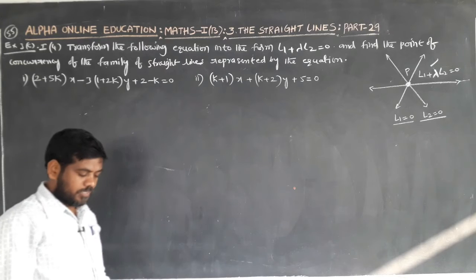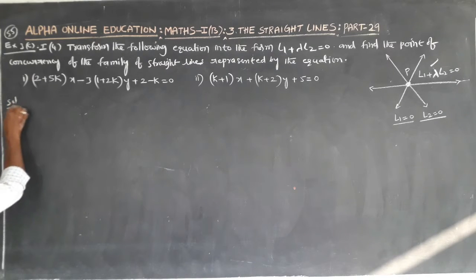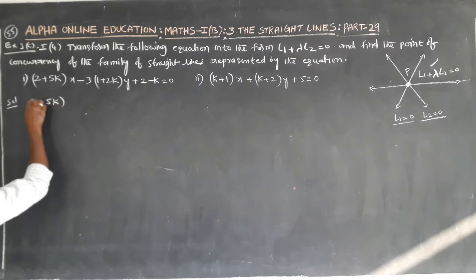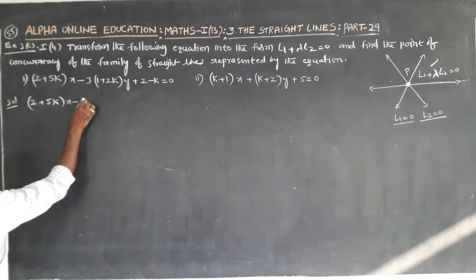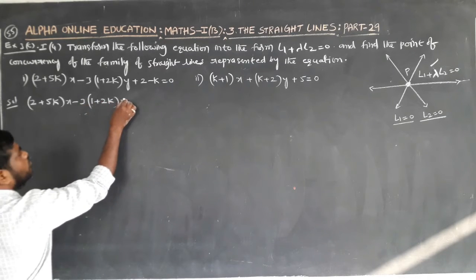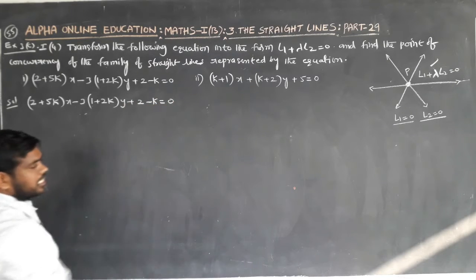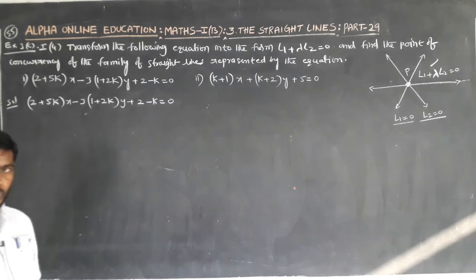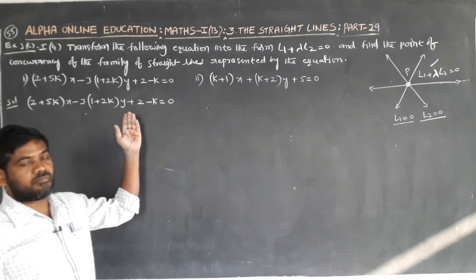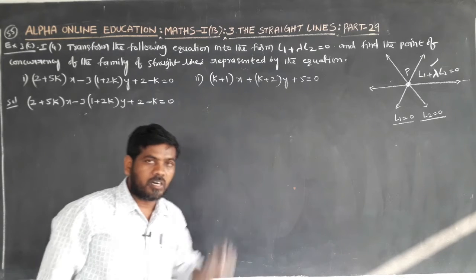First problem: 2 plus 5k into x minus 3 into 1 plus 2k into y plus 2 minus k is equal to 0. This is the given equation of the family of concurrent lines.